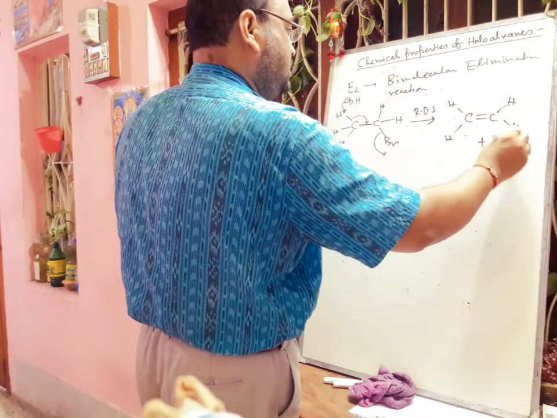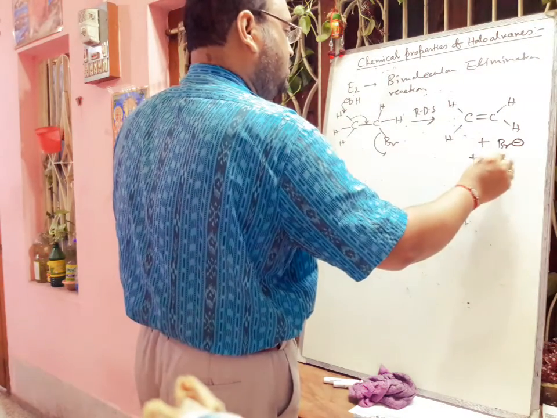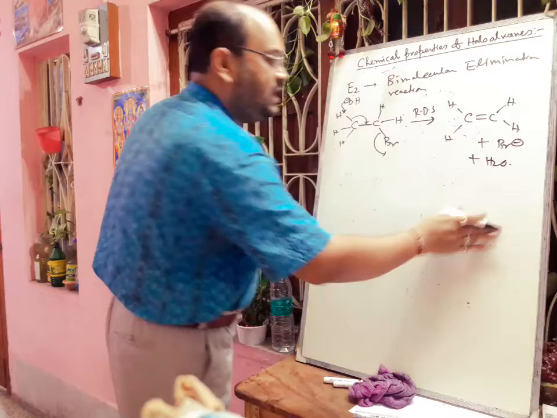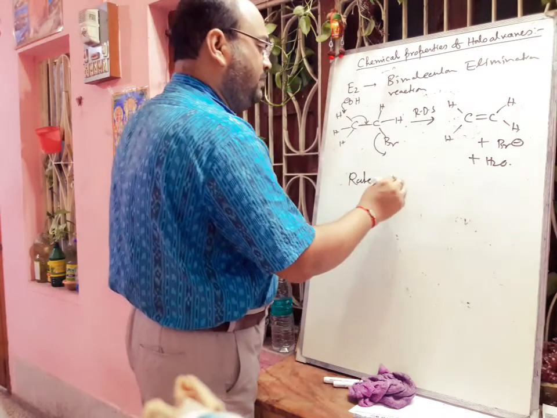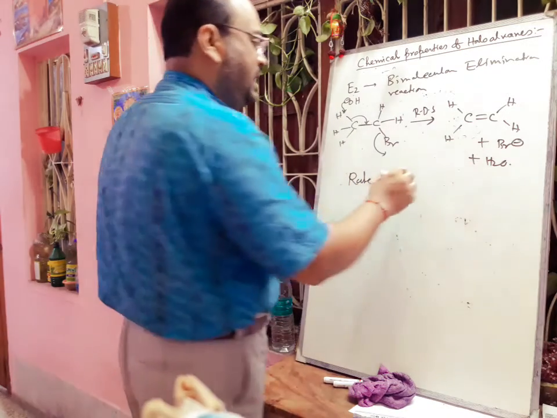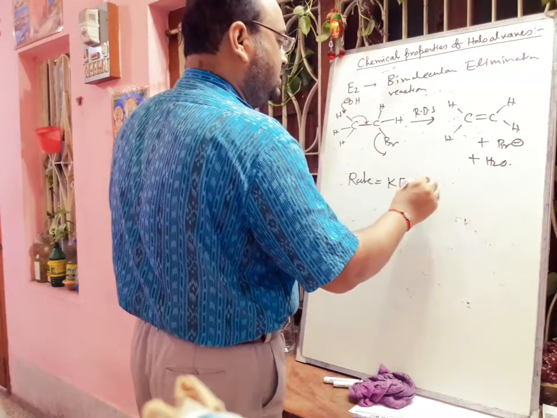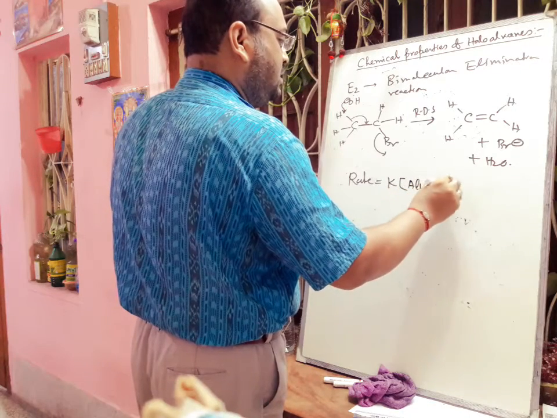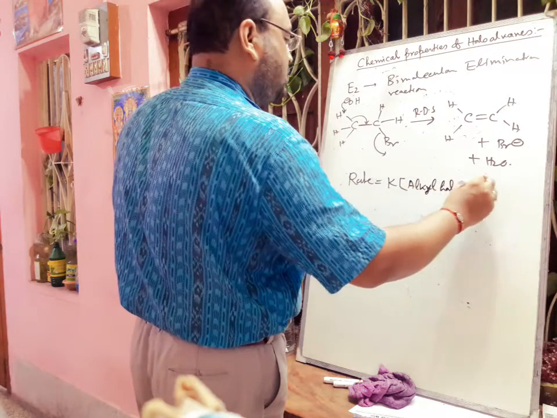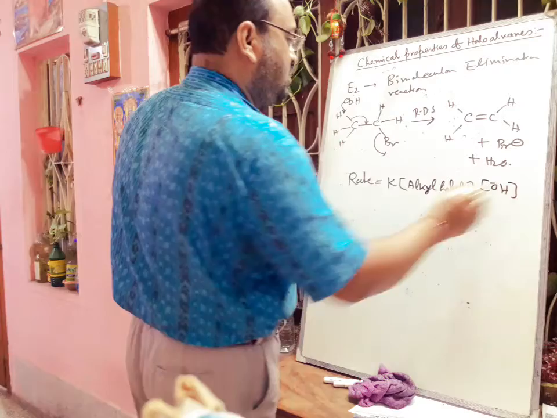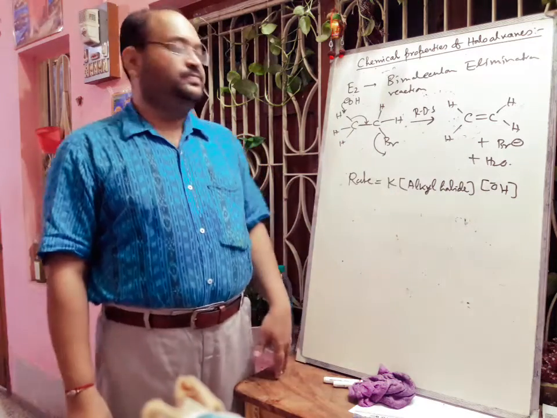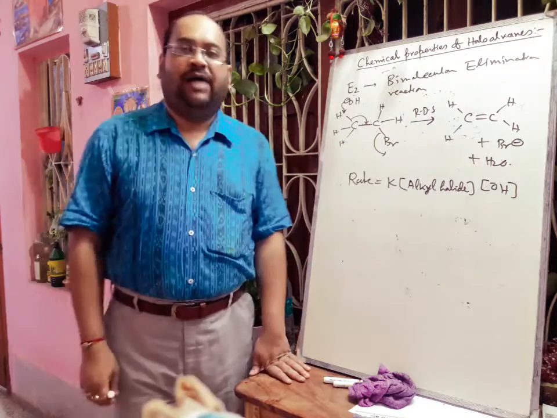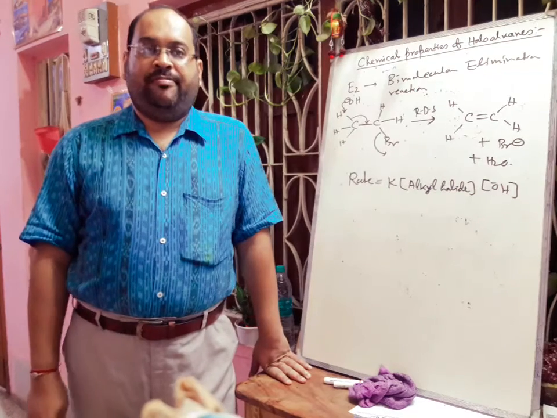Plus Br minus plus H2O. If we write the rate equation, the rate will depend on both the concentration of alkyl halide and the concentration of OH minus. As there are two molecules in the rate equation, it is called a bimolecular elimination reaction.